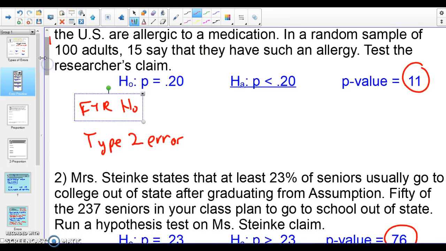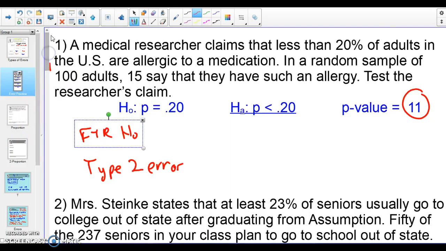Now, let's look at these two as well. Think about what could be a consequence of this. So this one, if I was saying that the 20% is incorrect, or sorry, the 20% is what I'm supporting, the less than 20% is correct, what could be a consequence of that? Well, you could say that if I think 20% or more have the allergy, then maybe the company decides to pull the funding from that medication or pull it from the shelves because it has such a high rate of allergic reaction, when it was unnecessary.